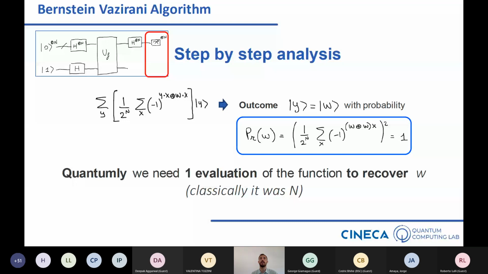You just run it one time, and the n output will be exactly the bits that compose omega, the string that you're trying to find. So you beat the classical case, where you instead need n evaluations of the function to recover omega.